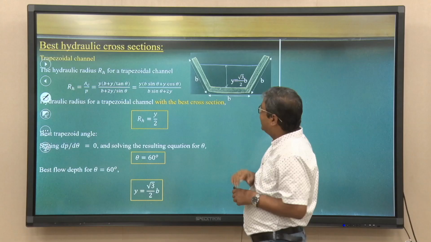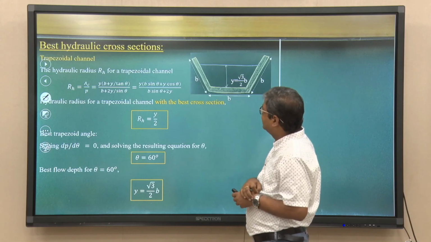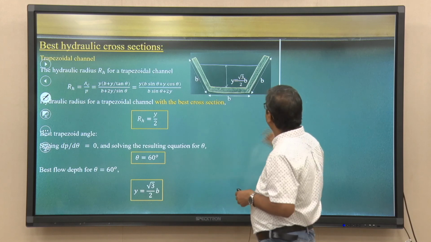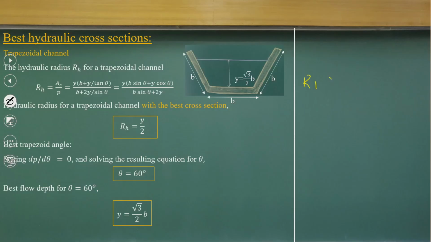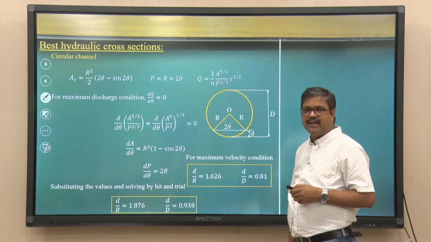We also look at the hydraulic radius. You can compute the hydraulic radius, which is area by perimeter. Finally, hydraulic radius will be y by 2, and dp by d theta is the best. The minimum condition will be theta should be 60 degrees, and the relationship between y and b is y equal to root 3 by 2 b. Okay. That is the best condition.